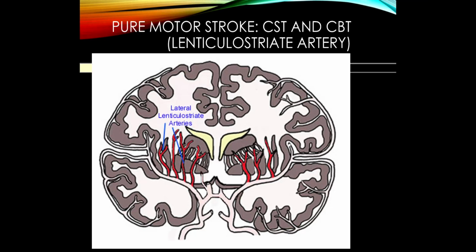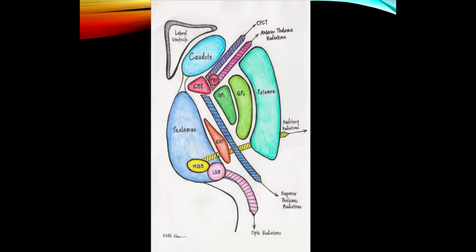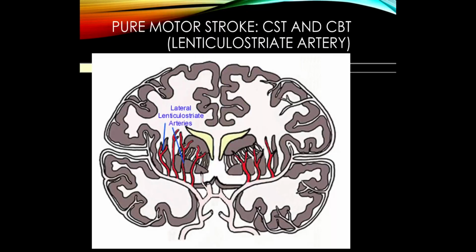They just purely have weakness. And so pure motor stroke always localizes to, usually we say the posterior limb of the internal capsule, but it's also the genu that affects the face. Okay, so you need to know where the lesion is. It's right here, posterior limb and genu, and also the blood vessel, lenticulostriate.